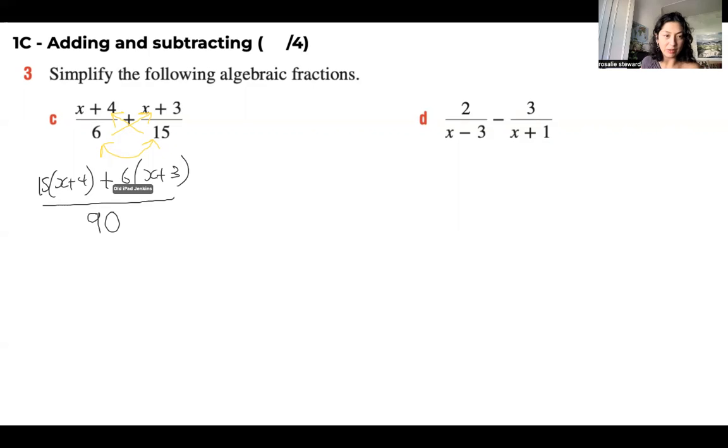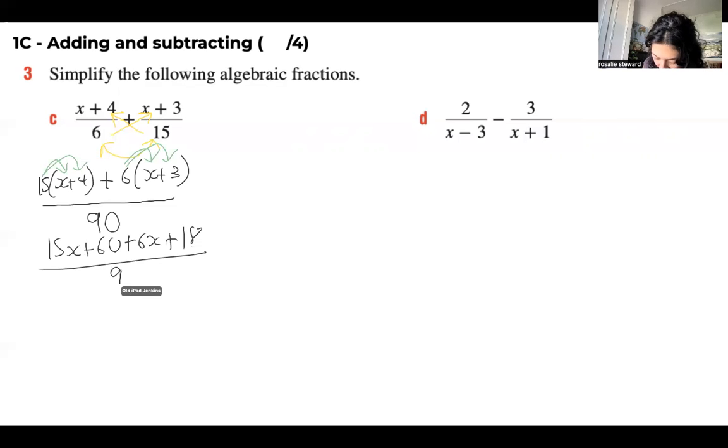They're adding in the middle, so I'm going to add that. And then I use my claws, arrows, to multiply everything across. So that leaves you 15x plus 60 plus 6x plus 18 all over 90.